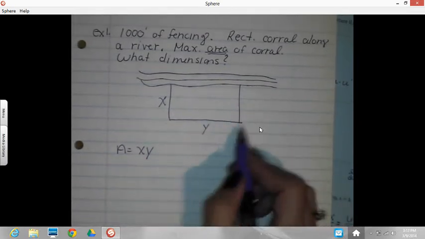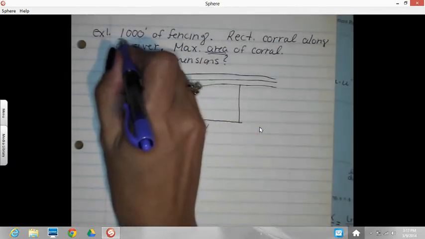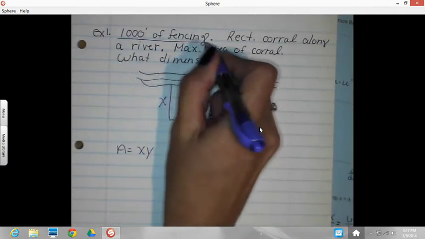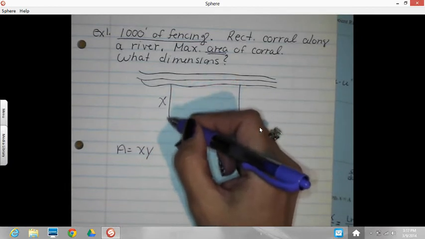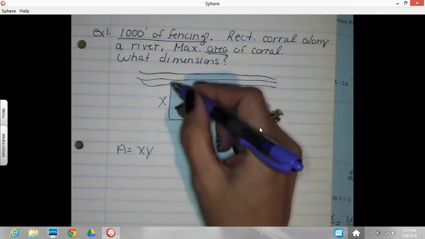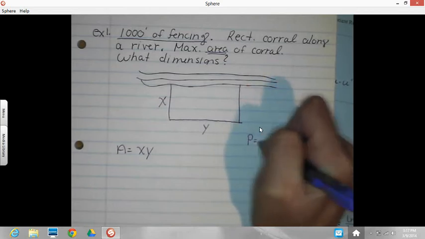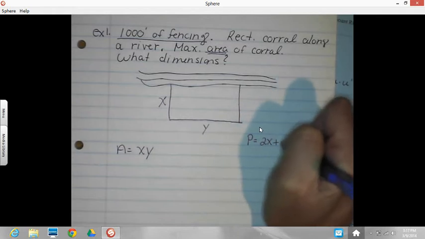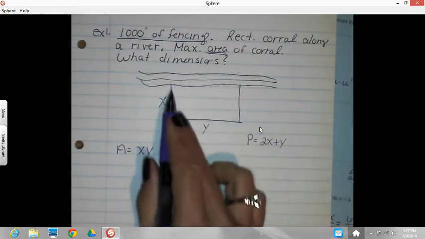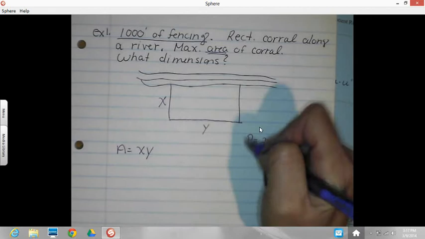And if you look, I've got 1,000 feet of fencing. Well, that means I can write a perimeter equation. The perimeter of this three-sided rectangle is 2x plus y. And I know that that perimeter has to use up all 1,000 feet of fencing.